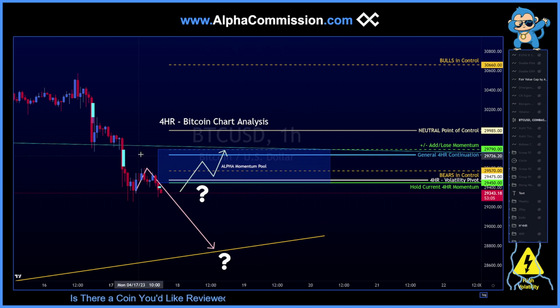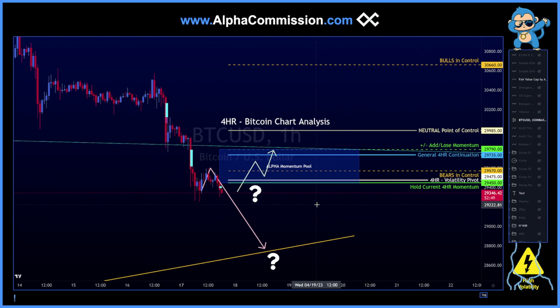We don't really know, are we going to break up or are we going to break down? We're just kind of swimming around in there, trying to find our momentum. But currently we're underneath the 4 hour momentum pool.